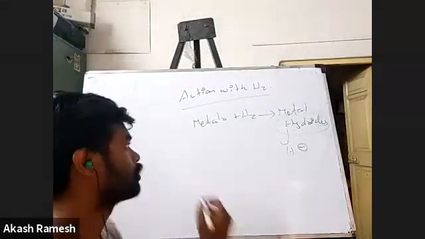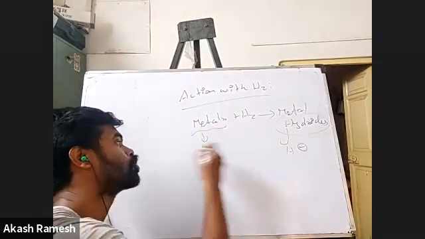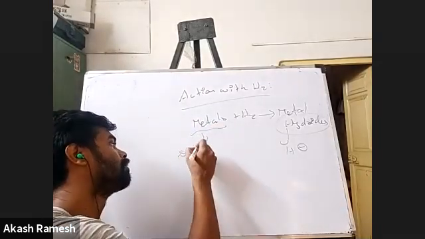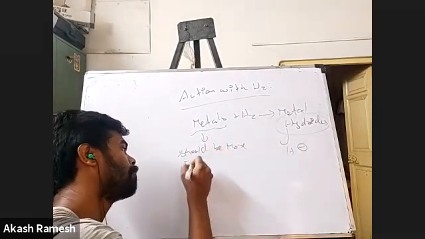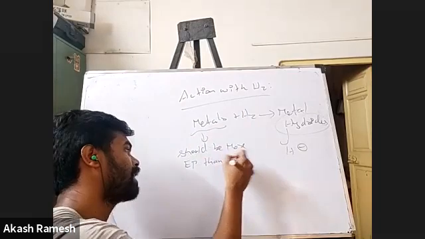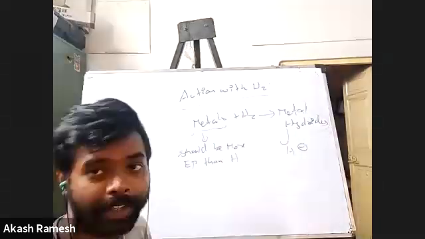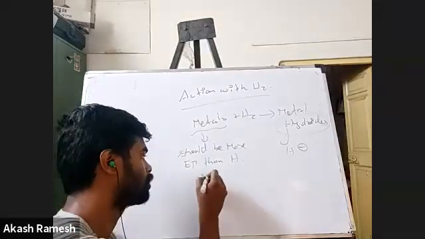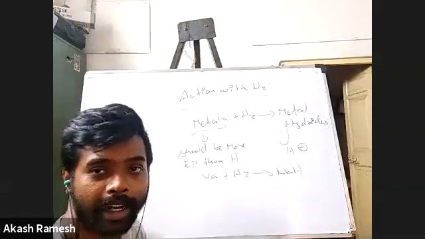What you have to understand is that the metal should be more electropositive than hydrogen to react here. Only then will they form the metal hydride. For example, sodium will react with hydrogen to form sodium hydride, NaH.